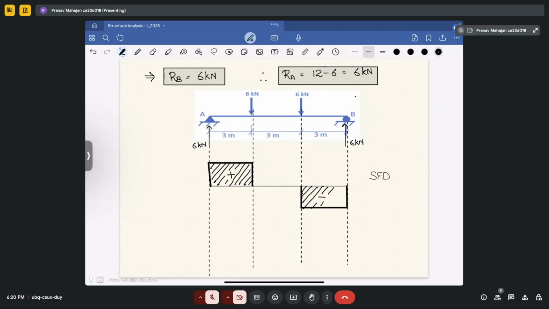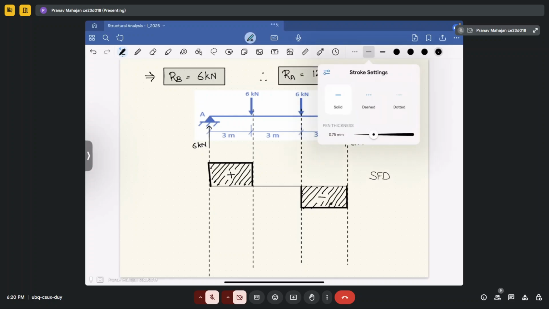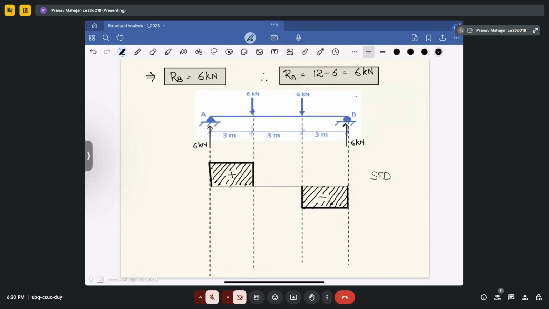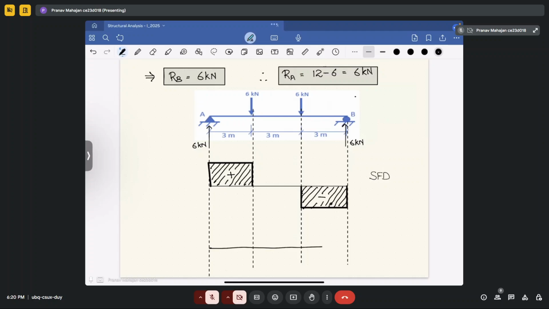Now, how to draw the bending moment diagram? Since a concentrated load is acting upon a point, so what will you get?